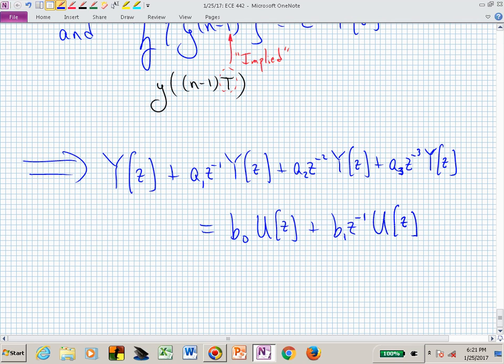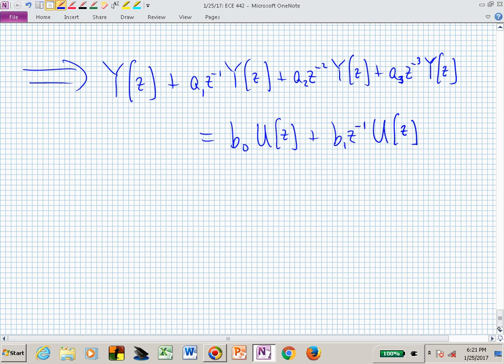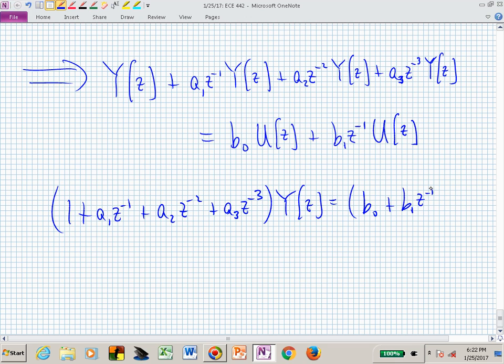It's just an operation. Now we can factor out the common capital Y of z and the common U of z to have 1 plus a1 z to the minus 1 plus a sub 2 z to the minus 2 plus a sub 3 z to the minus 3 times Y of z equaling b sub 0 plus b1 z to the minus 1 U of z.